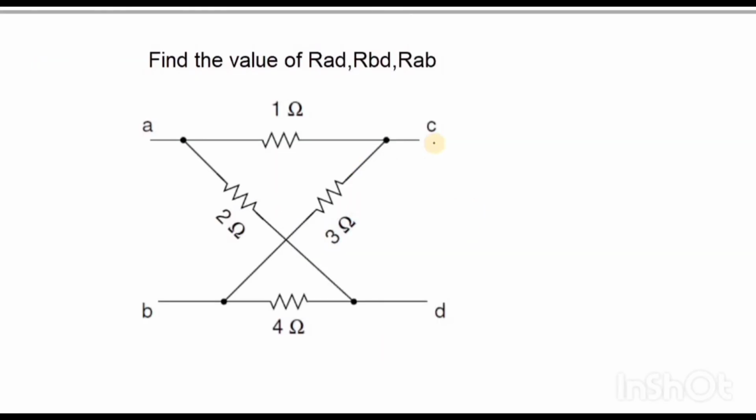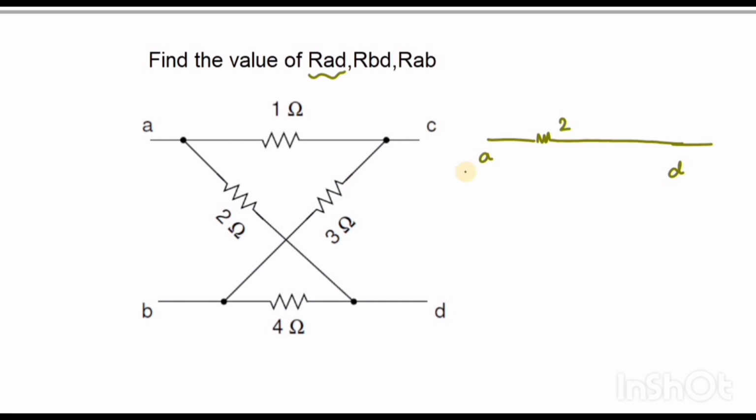Find the resistance R_AD. Okay. So if I draw this, this is your A and this is your B. Between A to D, I have 2 ohm resistance.